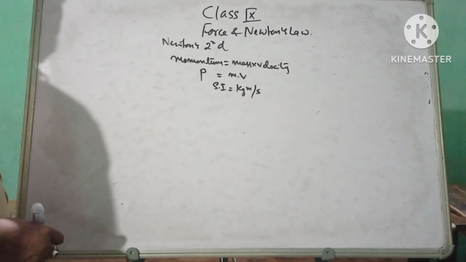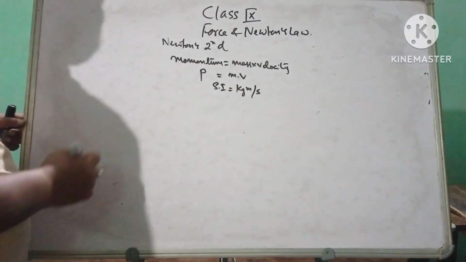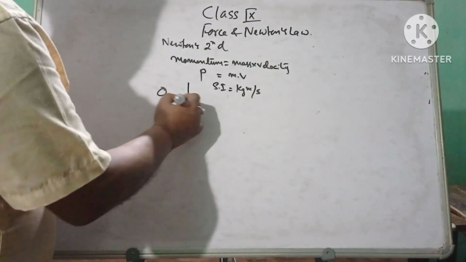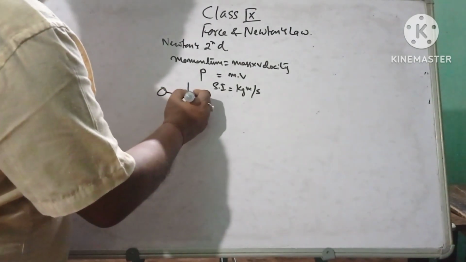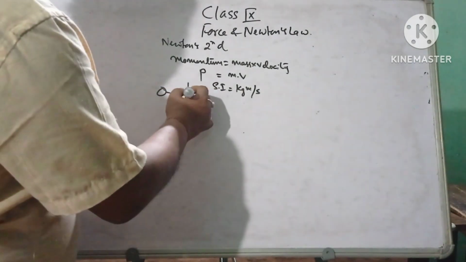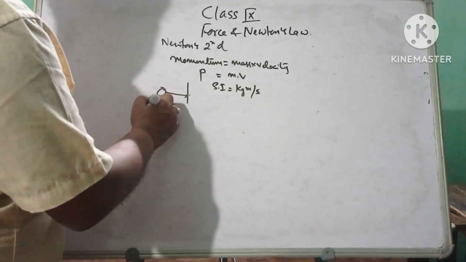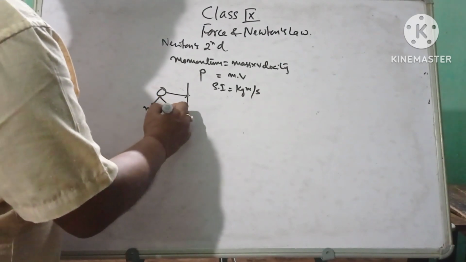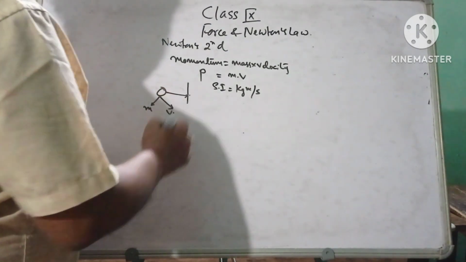Now, what does this mean? Suppose a bullet strikes a wall. When a bullet strikes a wall, it makes a hole in the wall. So here both mass and velocity are the factors which have created a hole in the wall.